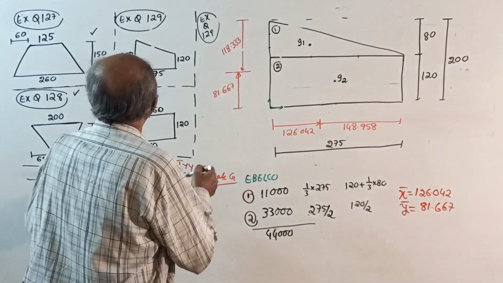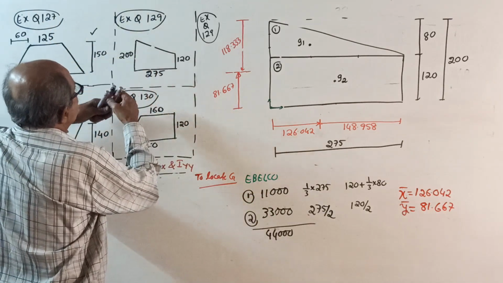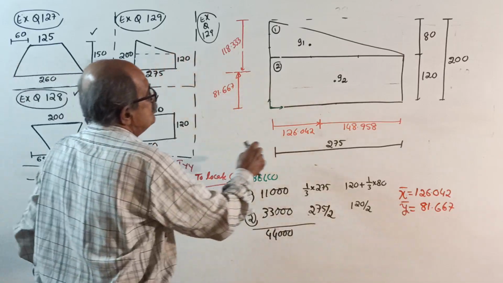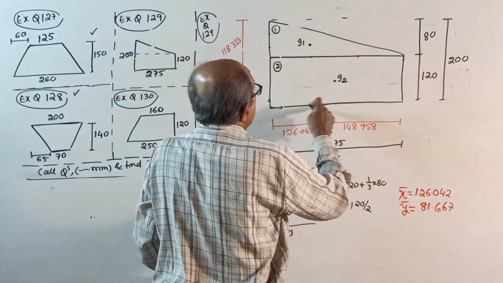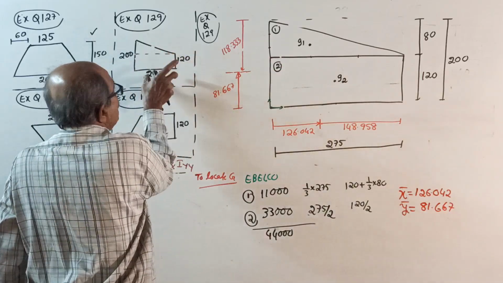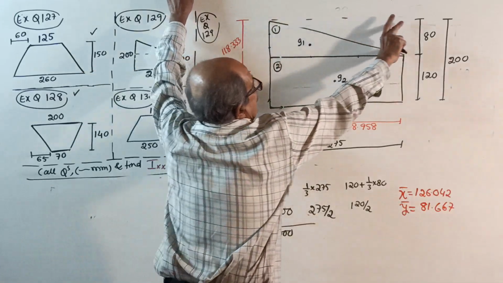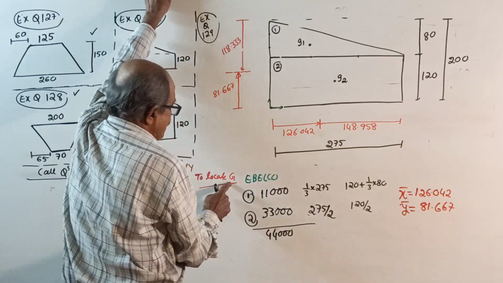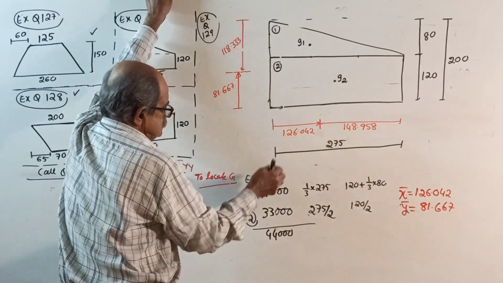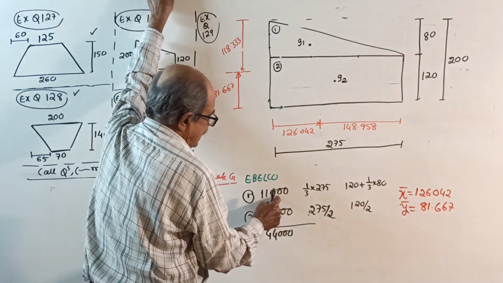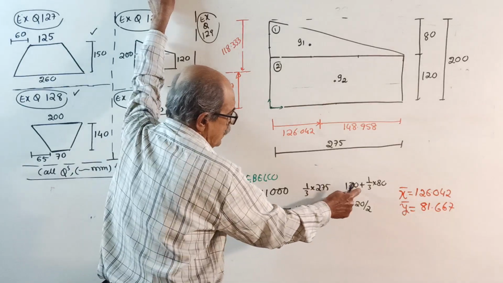Okay, start. Divide, see. We will divide like this. 120 by 275. Then from 200, subtract 120: 80 by 275. Centroid here, centroid here. To locate the centroid, go for Abelco. A1, X1, Y1.